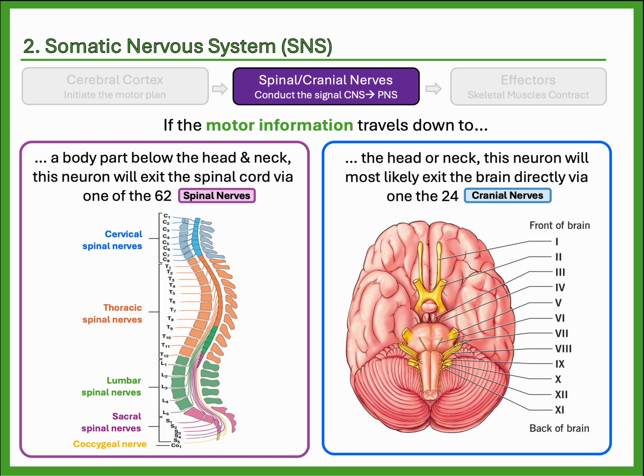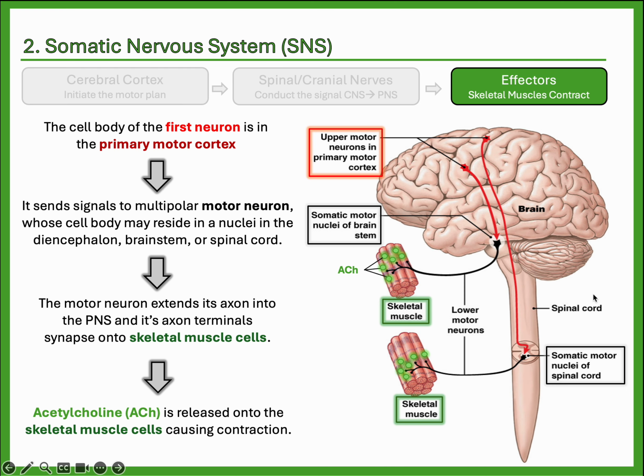So basically we've seen this before, but based on what skeletal muscle you're moving, you're going to either go out in the spinal nerves, or if it's above the neck, it's much easier to just exit out a cranial nerve, one of these 12. So again, you kind of see this here. Let's say I'm moving my eye muscles.